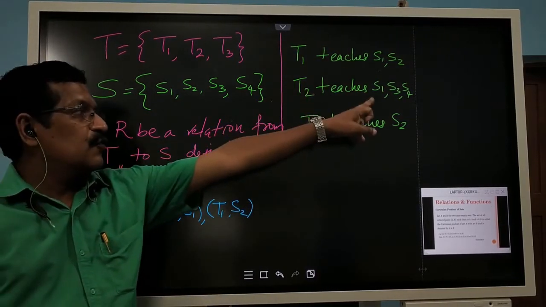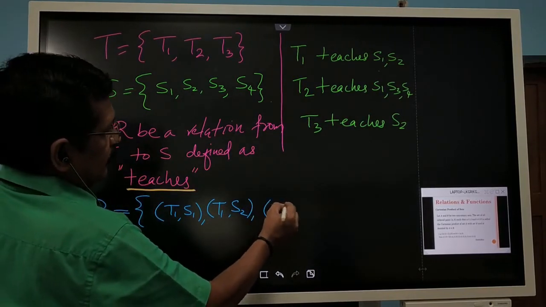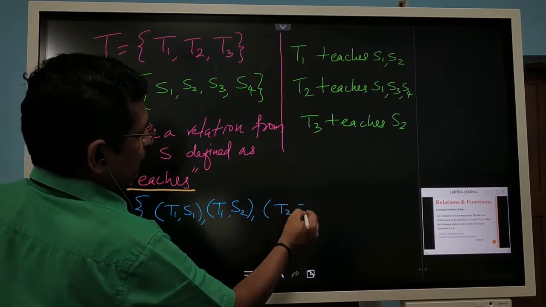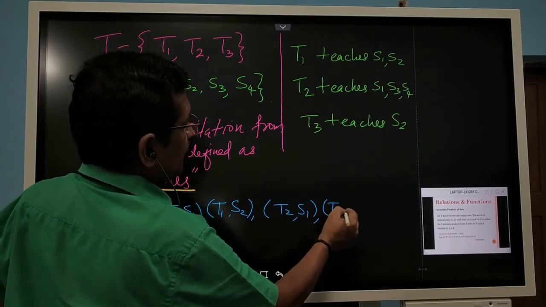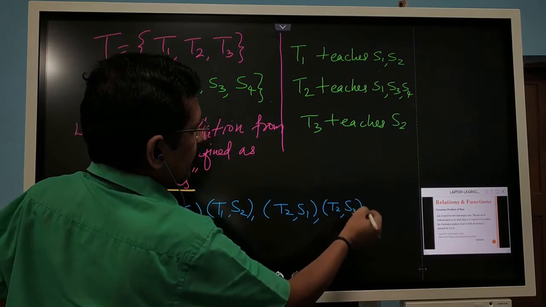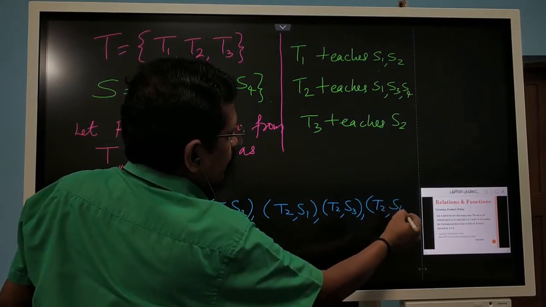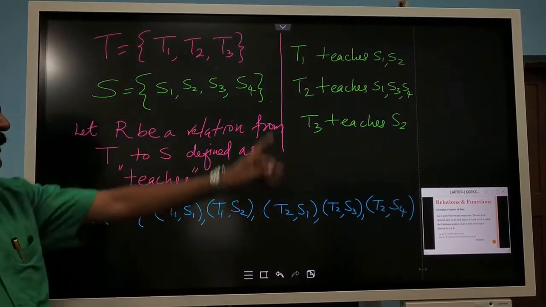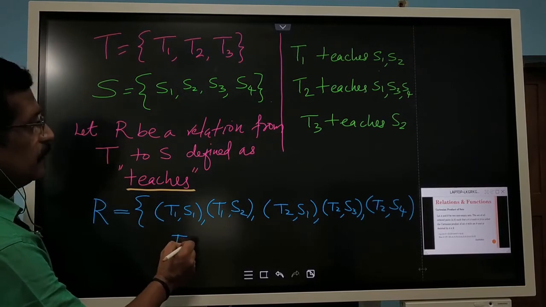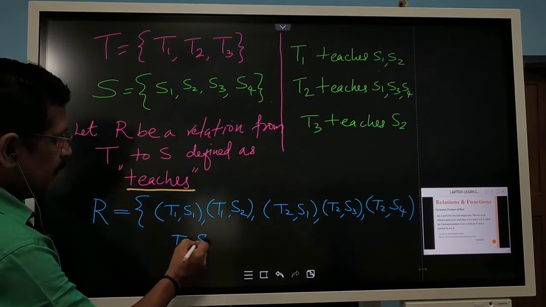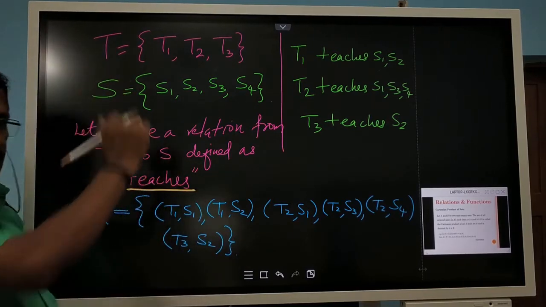Teacher 2 teaches S1, S3, S4, so I can write as (T2, S1), (T2, S3), (T2, S4). Teacher 3 teaches student 2, so (T3, S2). So this is the relation as per the given condition.